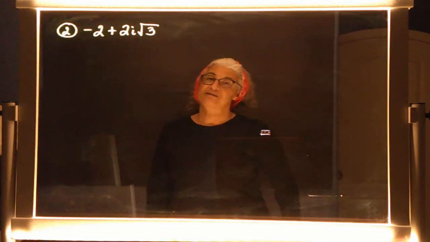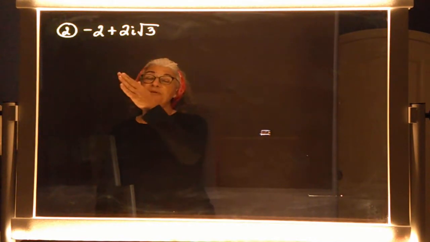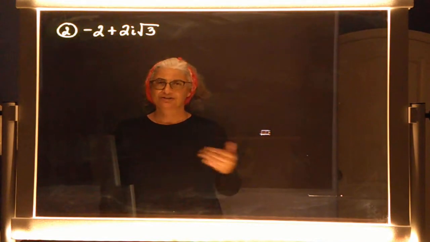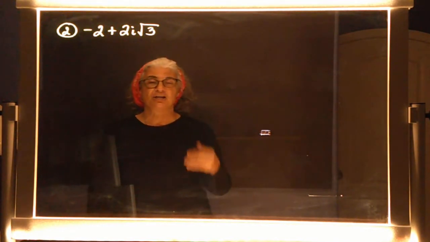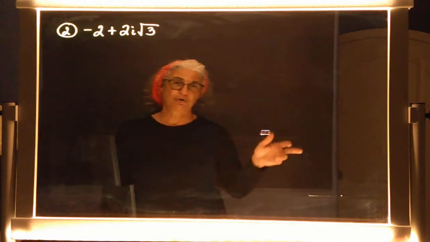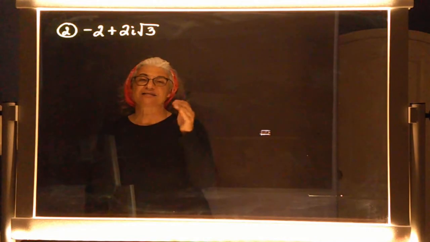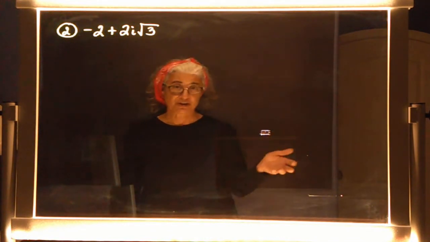Okay, so let's look at this second problem. So again, they want us to write this complex number in polar form. So, just like we did the last problem, just like we did when we were converting rectangular points into polar points, right? We need to be able to identify our x's and y's so we can find our r's and our thetas. Agreed?